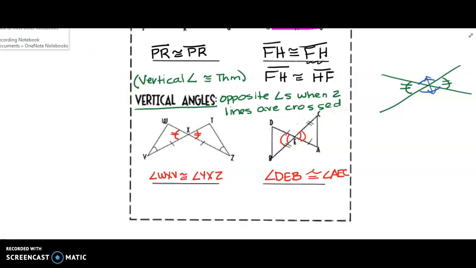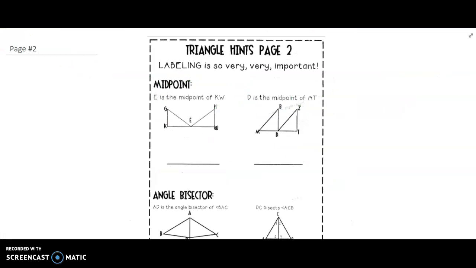All right, let's look at the triangle hints page number 2. Now we're talking about the midpoint. Remember the midpoint is the point in the exact middle, and what the midpoint tells us is that it separates the segment into two congruent parts.